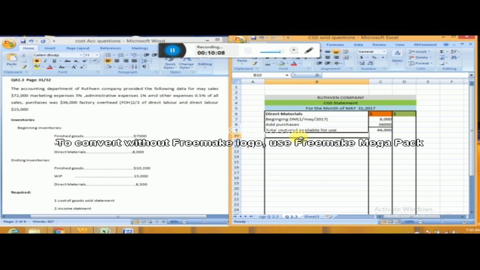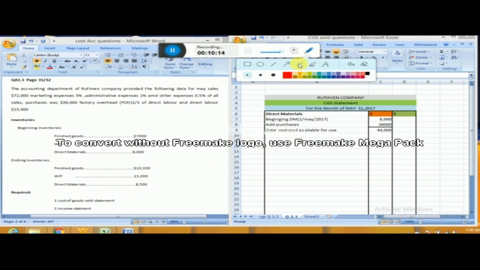the store, the store says that the ending inventory is 8,500. This material is left, which means not used. Look at, beginning material means this 8,000. This is the remaining material of the previous month, and this is the remaining material of the current month, May.